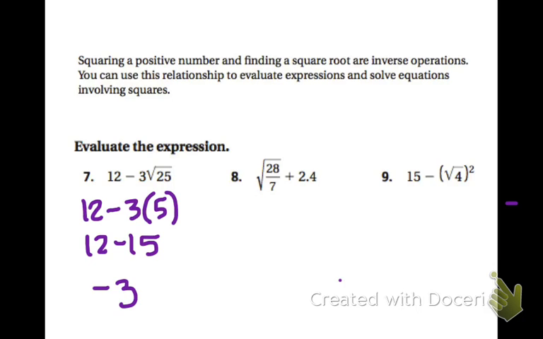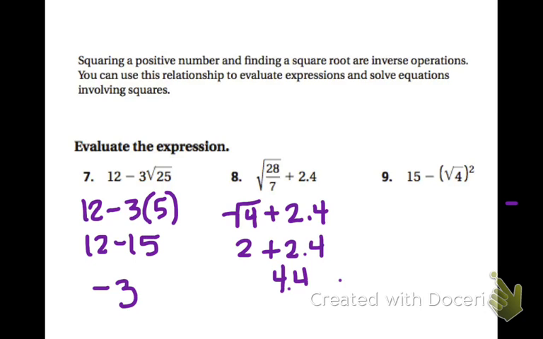In the next one, when you evaluate, look at what's underneath the radical symbol, and if it can be simplified, which it can, we will be evaluating the square root of 4, because 28 divided by 7 is 4, and then adding 2.4. So the square root of 4 is 2, plus 2.4 is equal to 4.4.